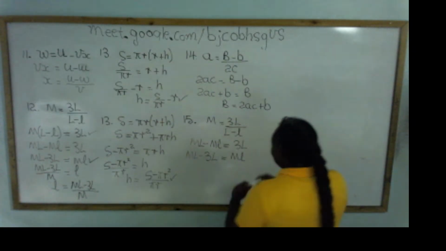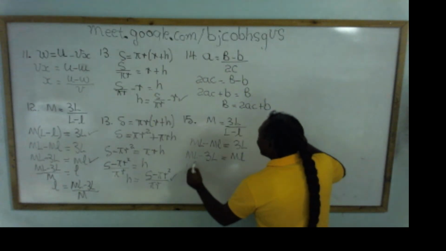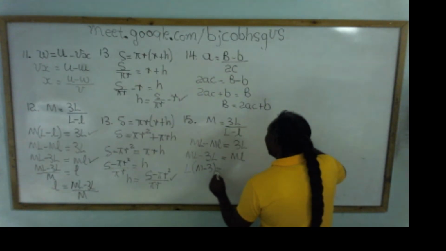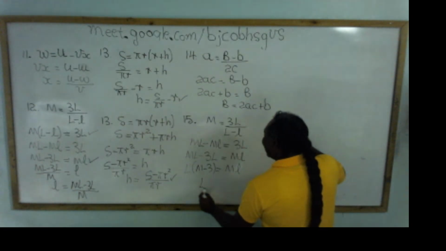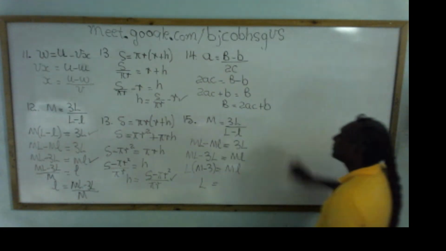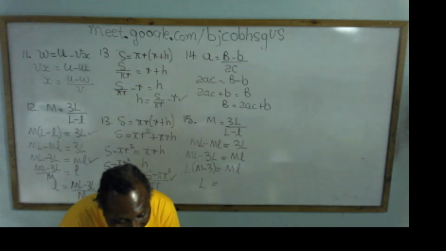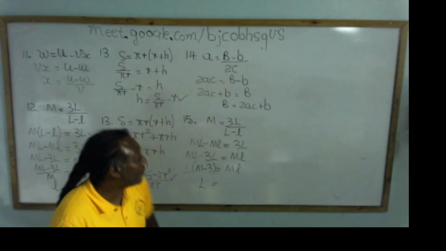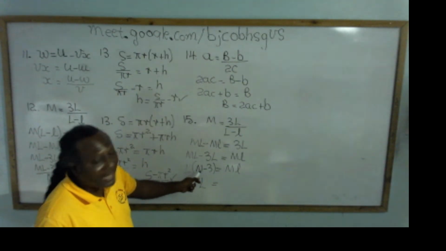We factorize L. L times M minus 3 is equal to ML. And then finally, what is L equal to? Of course, L is preceding the brackets here, meaning that we are multiplying.